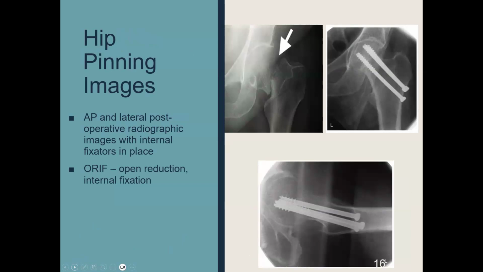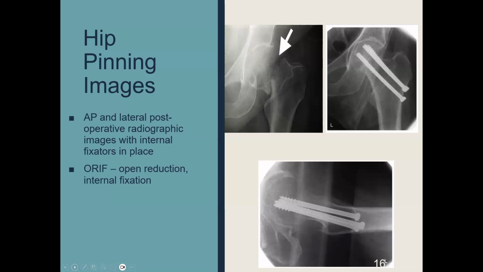Have you guys ever seen patients that have the external fixators on? That happens a lot with children who have bone length issues, and they attempt to lengthen their bones to some degree. But yeah, when it comes to just the hip pinning procedure, this is just a fracture repair with internal fixation.